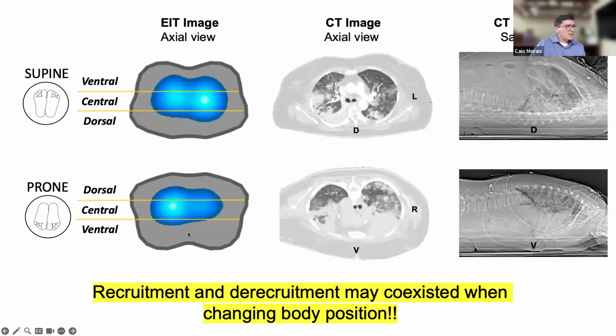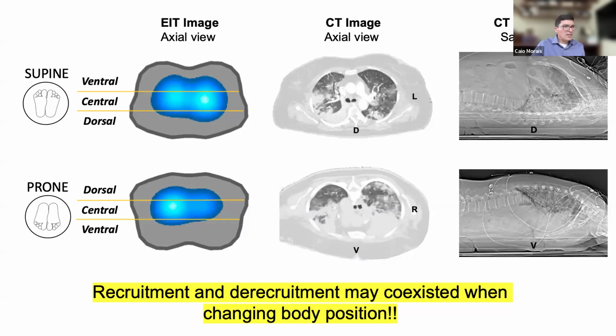If we have this kind of functional image at the bedside, we may think about ways to improve that. Maybe if the amount of lung recruited at the posterior part compensates the ventral part aeration, we are okay, right?